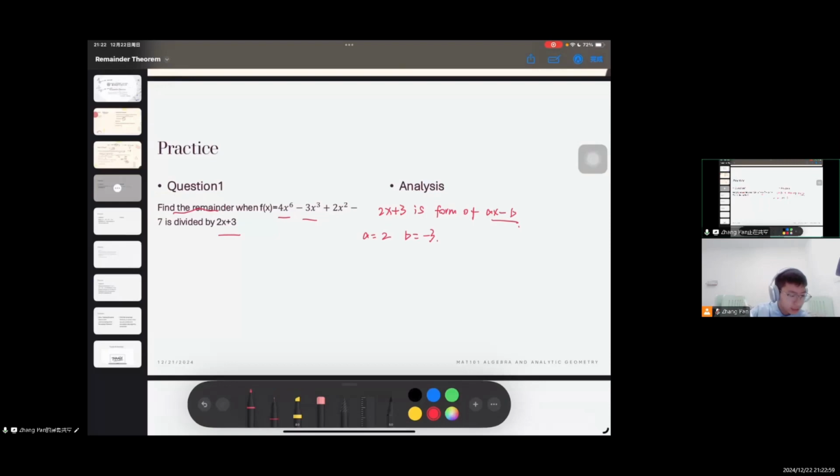In this case, the remainder is f(b over a), which equals f(minus 3 over 2). Okay, let's calculate it together.